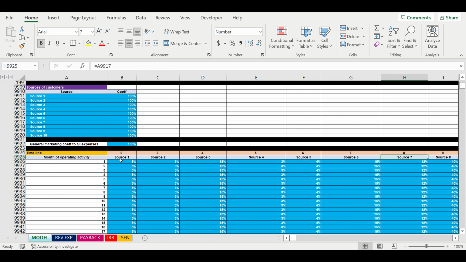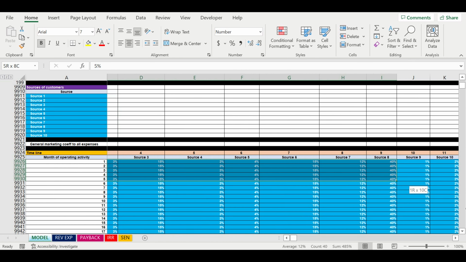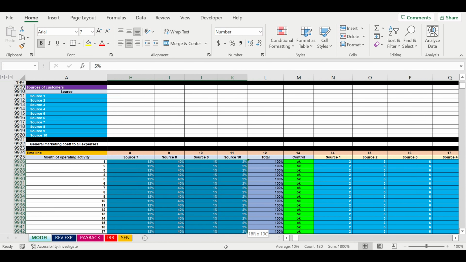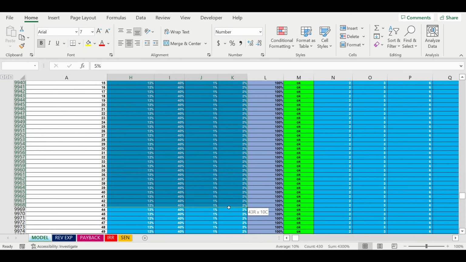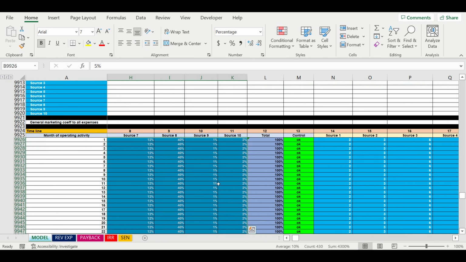And this allocation may also have a dynamic feature, so we can, for example, during the first 12 months or 8 months, have one type of allocation. From the next period, we can have another type of allocation.